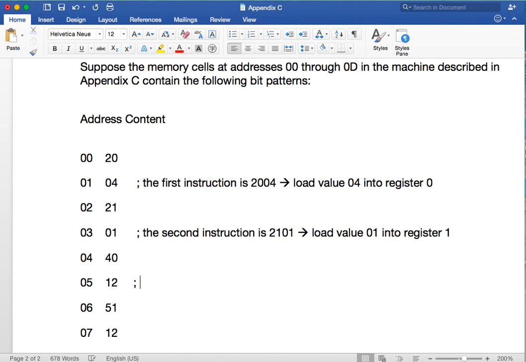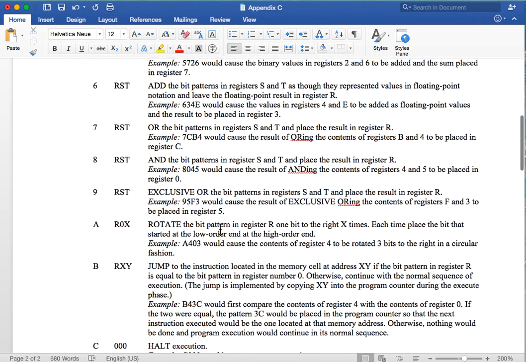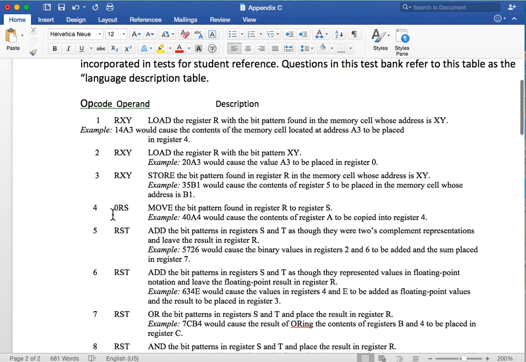Now then what does this mean? This next instruction is 4012. Then what does this instruction mean? I don't remember, so I go to Appendix C. 4 means move the bit pattern found in register R to register S, right?